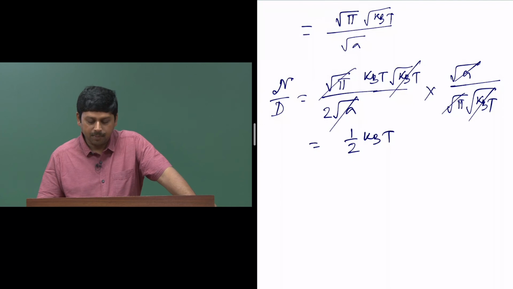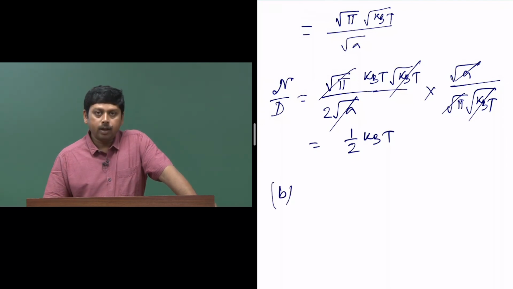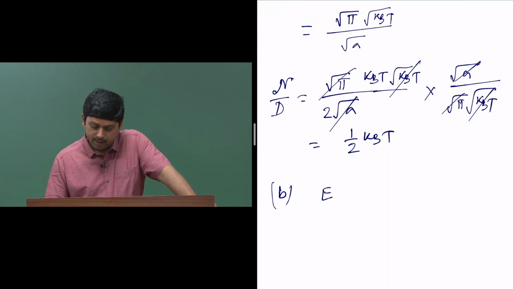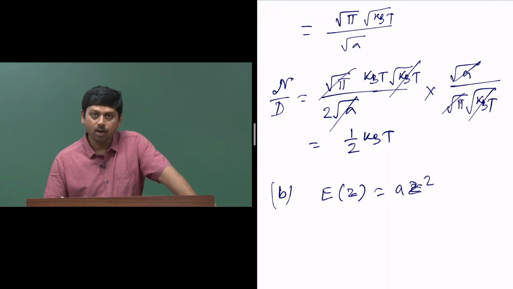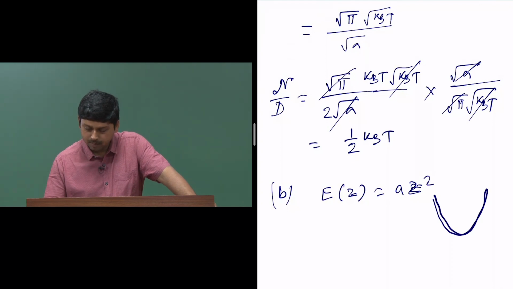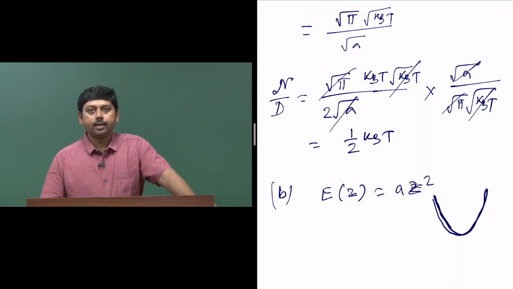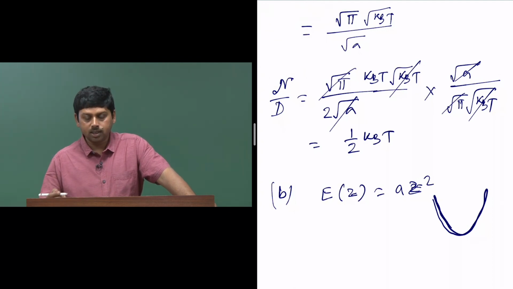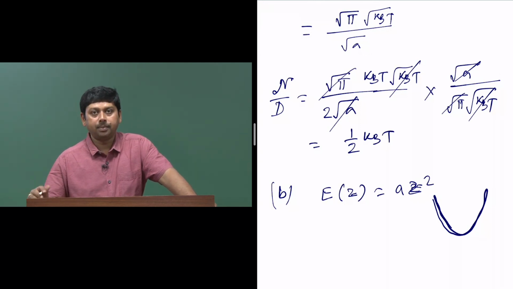So, the average energy is half kBT, and where did we obtain it from? We obtained it from the energy where E z is written as a z square, and this type of energy equation is typically called a parabolic or quadratic potential, and this particular potential gives rise to, as you can see, half kBT of energy.